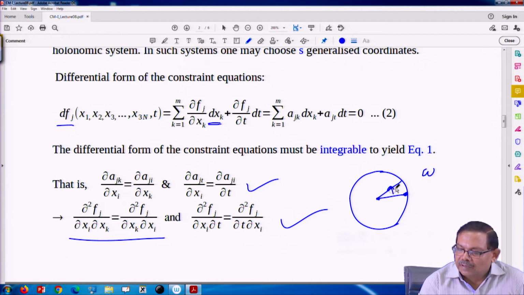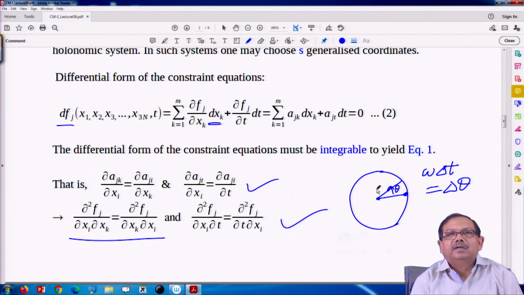So, the change in this angle would be omega times delta t.